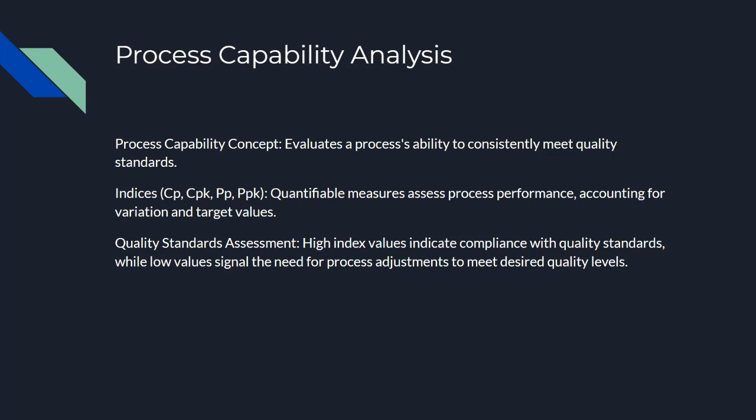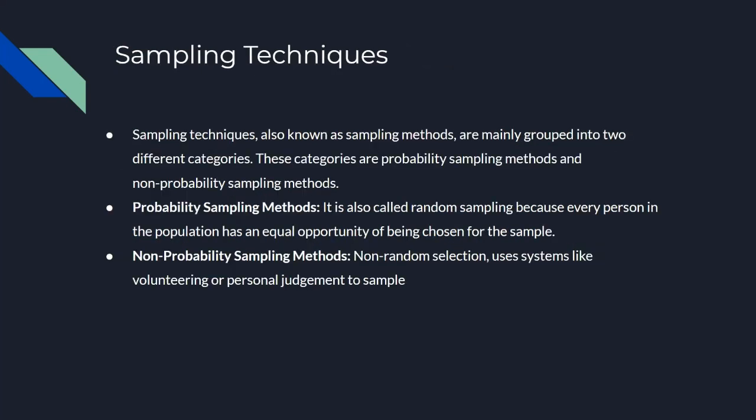And then finally, we have the quality standards assessment, and that uses high index values to indicate compliance with the standards, and then low values signal adjustments that need to be made to actually get to the right level.